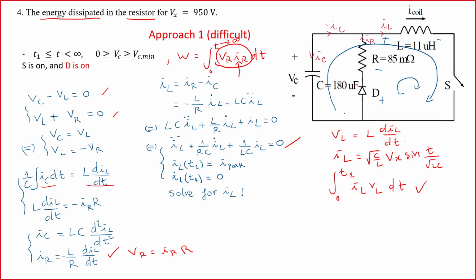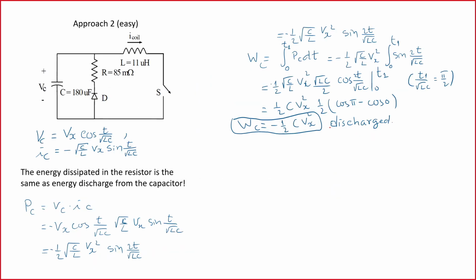okay, so the energy that you have at the beginning is the energy that you store in the capacitor, right? So this energy is going to be transferred from capacitor to inductor, and then inductor to resistor, and then dissipated. So in the beginning, the energy is just the energy of the capacitor, and you know the formulation of energy in a capacitor.